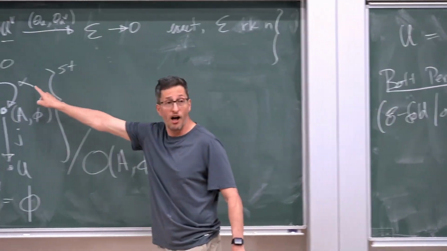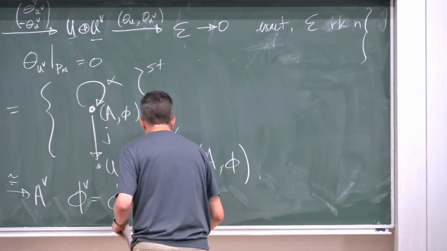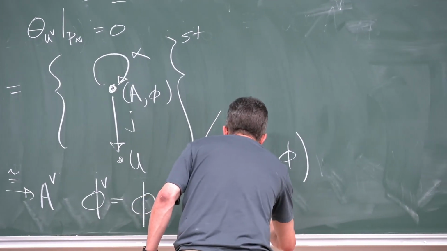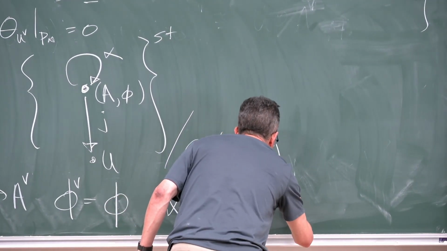And moreover, this alpha should be compatible with that. So it's the equation alpha dual phi is equal to phi alpha dual.